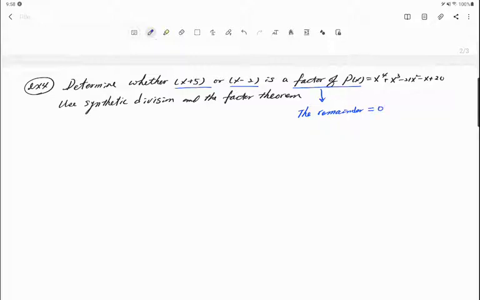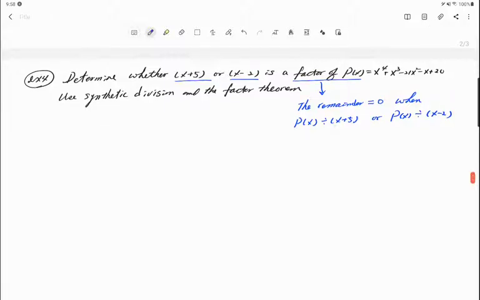So when we divide P of x by x plus 5, or P of x by x minus 2, and the remainder is 0, then that is a factor.